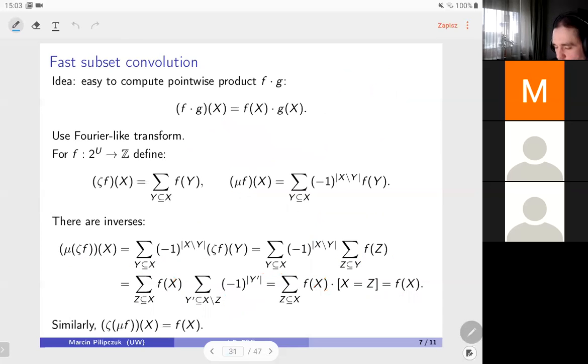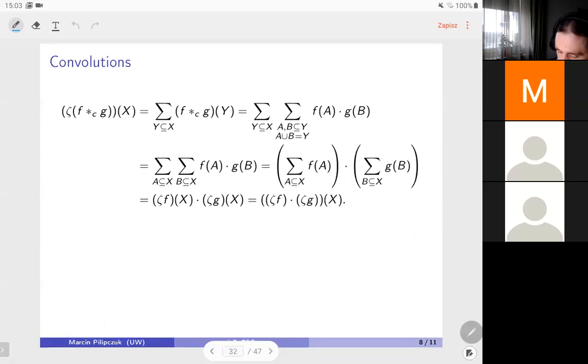You can do your homework exercise, and if you want, you can try the same operation: if you take zeta of mu, then you also get f as before. This is very analogous. I didn't dare to bother you with the analogous proof of the reverse operation.